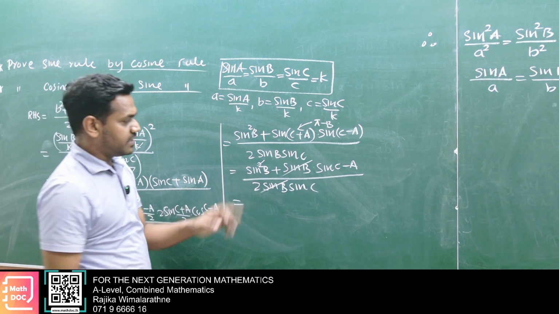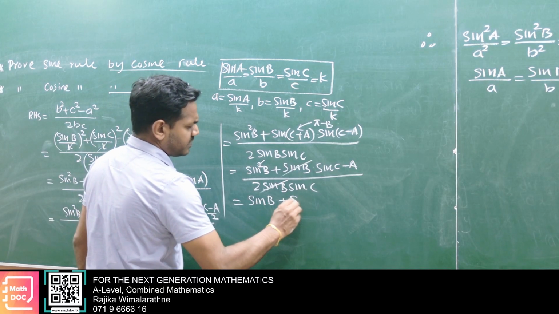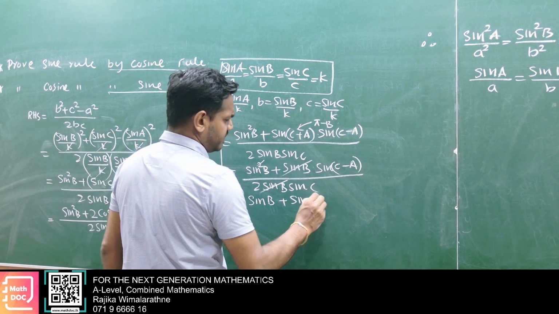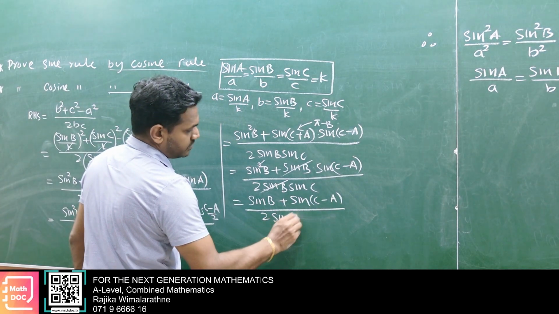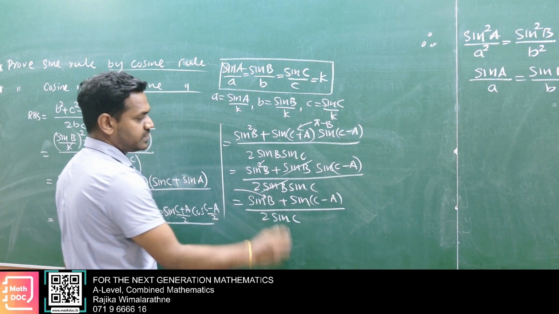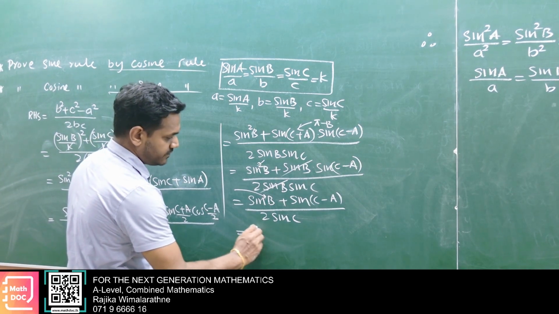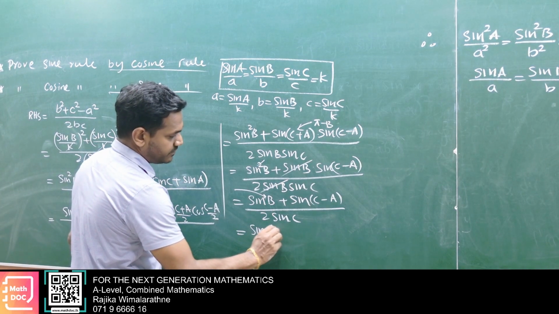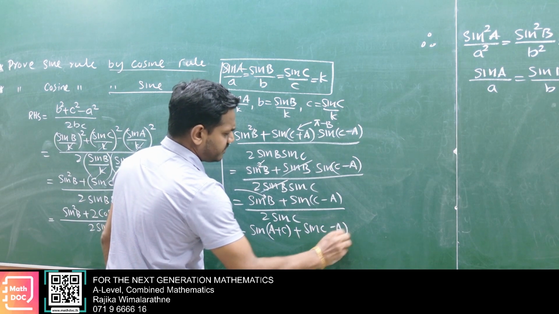Then in the numerator we have sin B, sin(C − A), over 2 sin C. Instead of B, you put pi minus (A + C). Then write sin(A + C) sin(C − A) over 2 sin C.